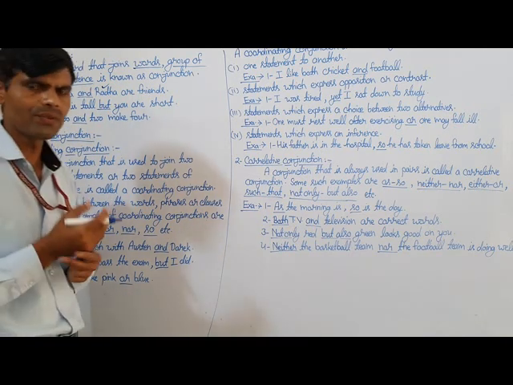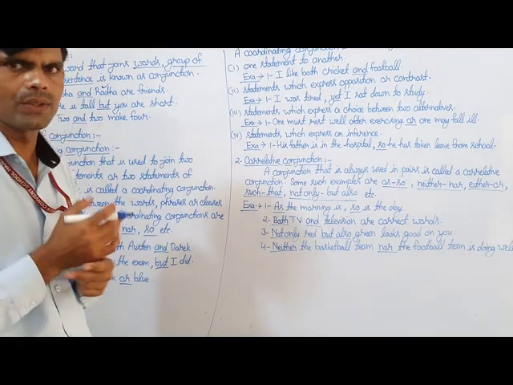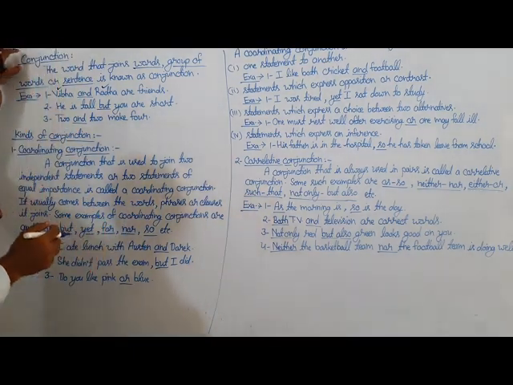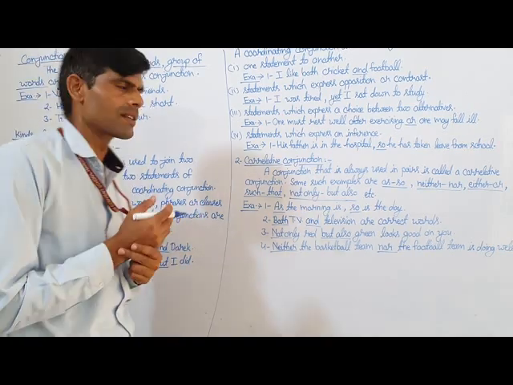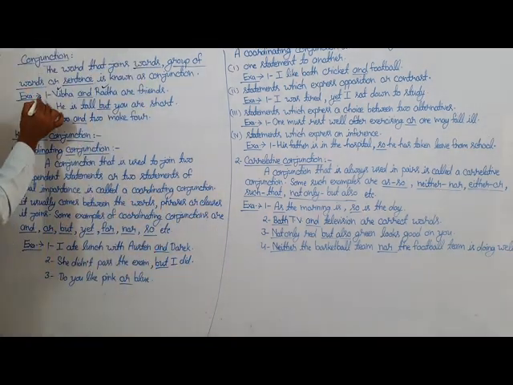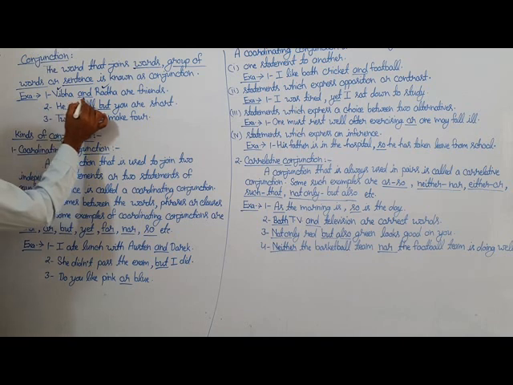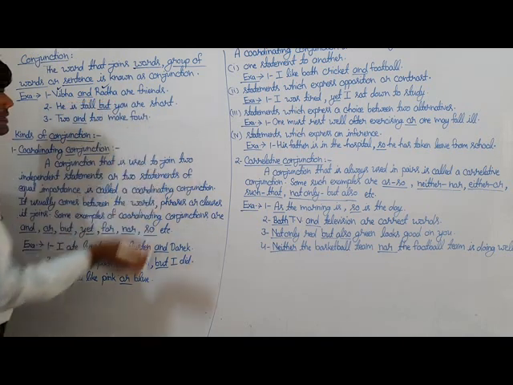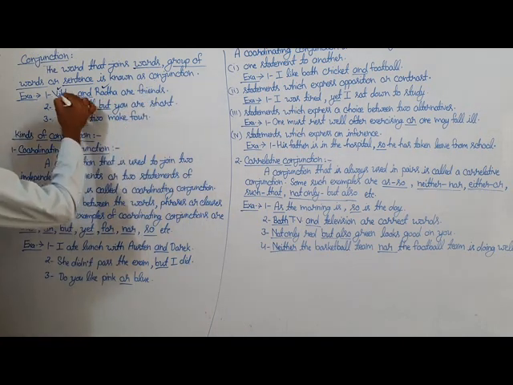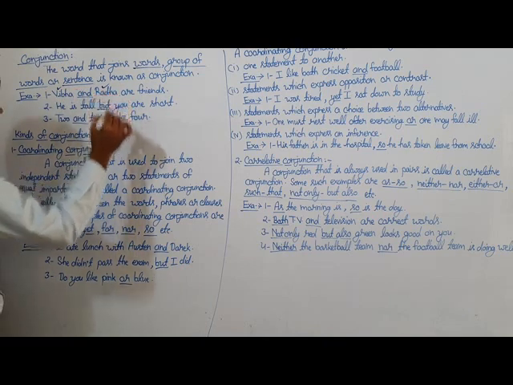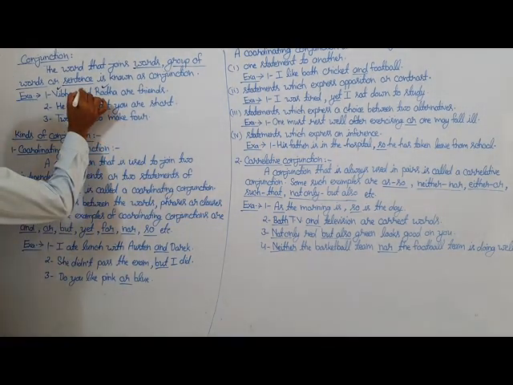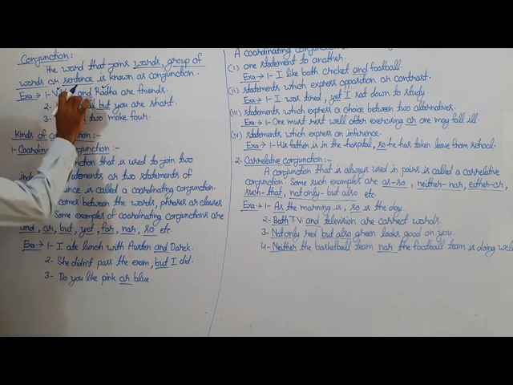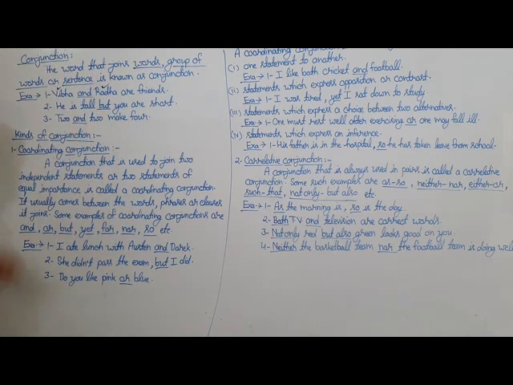Students, as a kind of your information, let me tell you that a conjunction is also known as linker or connector. Vibha is a word and Radha is a word, and both these words are connected to each other by "and". So this is the conjunction.